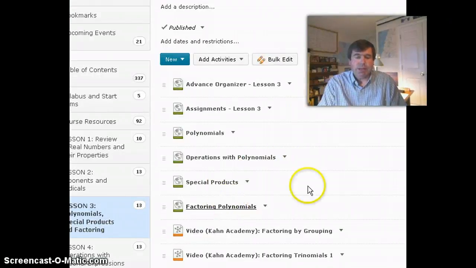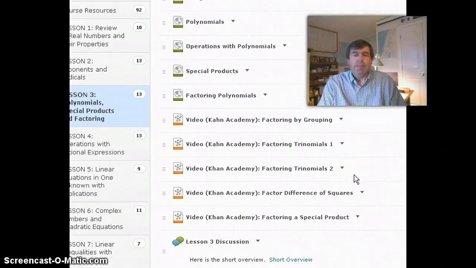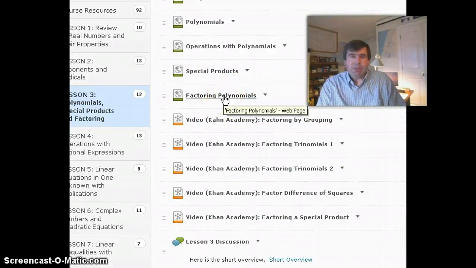Okay, factoring polynomials. Now, factoring polynomials is probably the most important part of this lesson that you want to get down. College algebra is based a lot upon working with expressions and understanding where they come from. So you have to be able to manipulate them with fluency, like I talked to you about with your numbers, so keep that in mind.